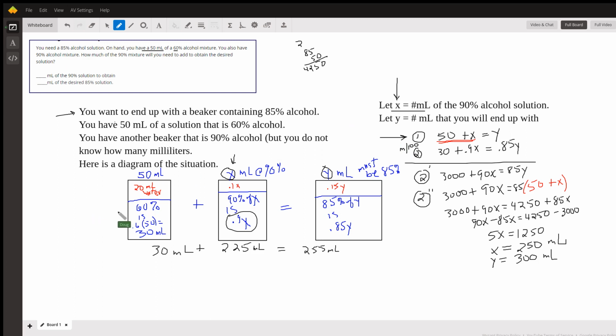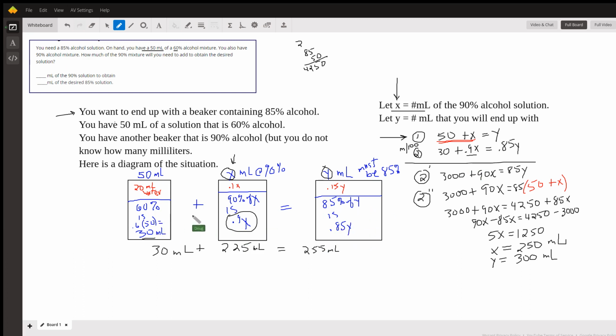Now we can get a second equation by looking at the number of milliliters of alcohol. So we know in the first beaker we have 30 milliliters of alcohol. In the second beaker we have 0.9X milliliters of alcohol. And in the third beaker we have 0.85Y milliliters of alcohol.